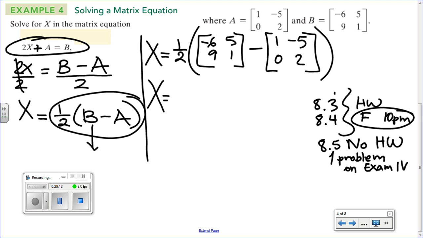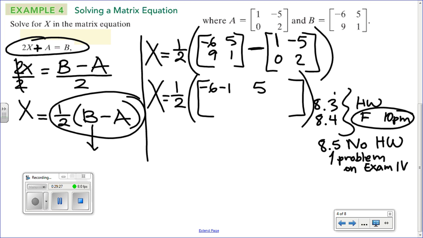So matrix X will be 1/2 times, and here I'm just going to write the matrix as a subtraction. -6 minus 1, and then 5 minus -5, so plus 5, very good. And then 9 minus 0, and 1 minus 2.